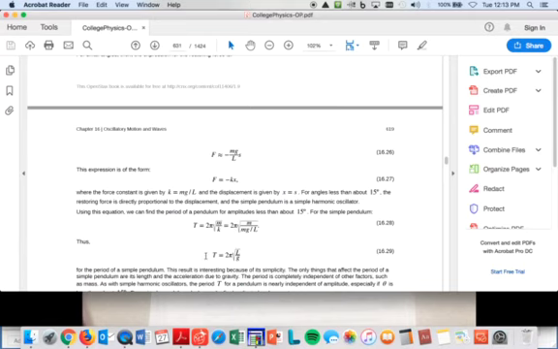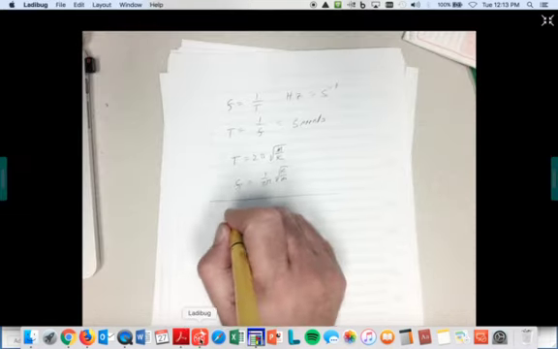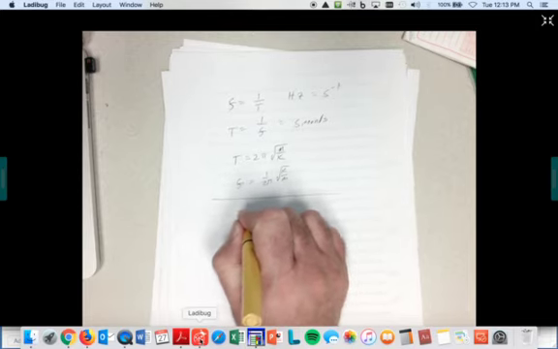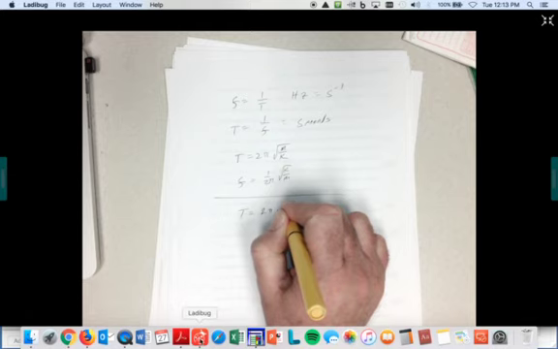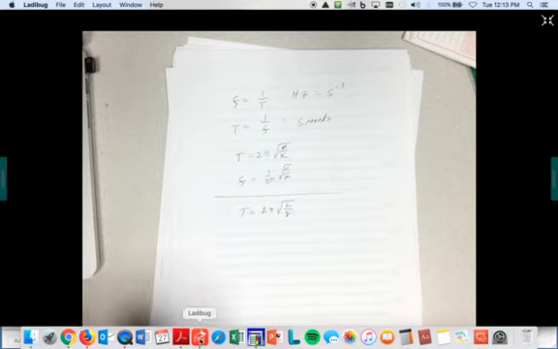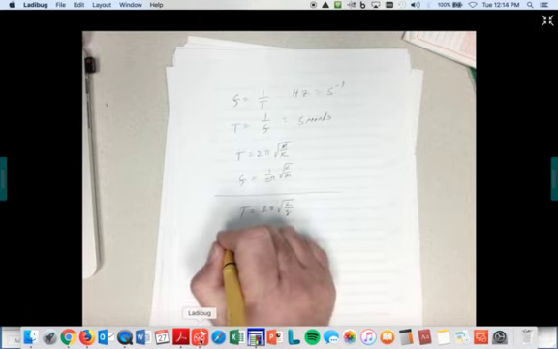And the frequency of a simple pendulum would just be the inverse of that. There's something I wanted to tell you extra about the pendulum. The period of a simple pendulum, now notice it's 2 pi times the square root of the length of the pendulum divided by g.